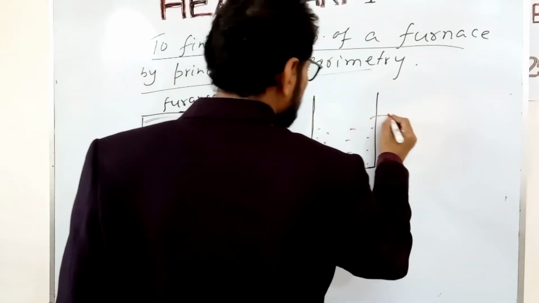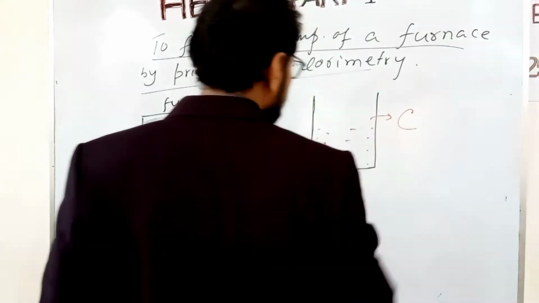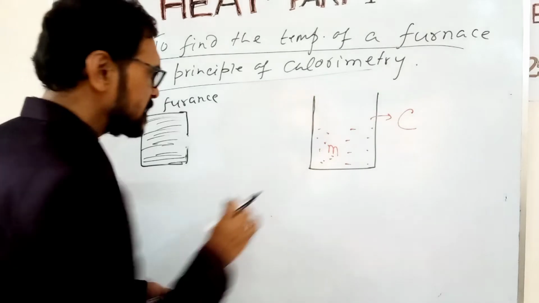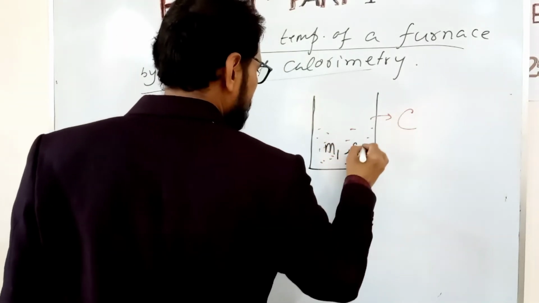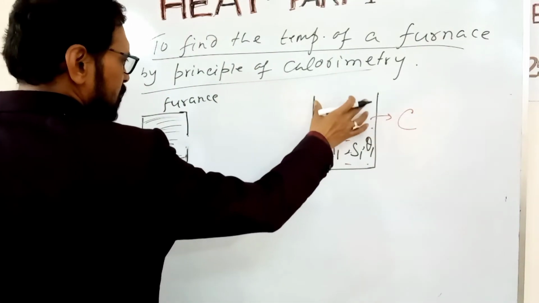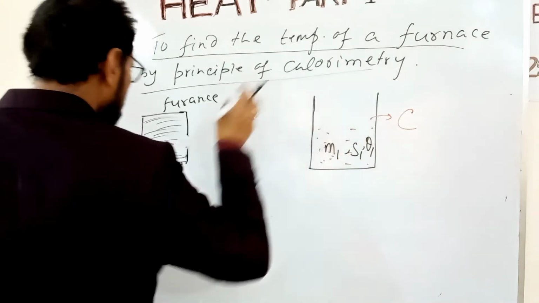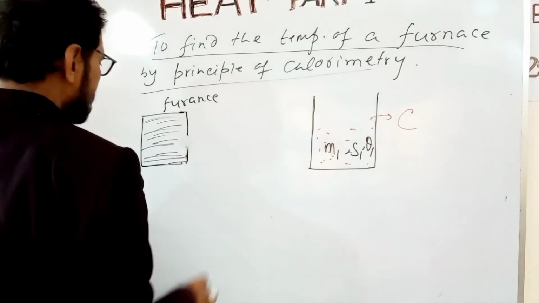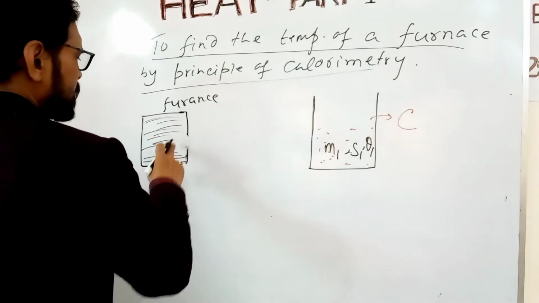The thermal capacity of this container is suppose capital C, the mass of the liquid is m1, the specific heat is S1, and the initial temperature is theta 1. Here a calorimeter is present with some liquid in it, and here is a furnace whose temperature is very high. Now we have to find the temperature of the furnace.